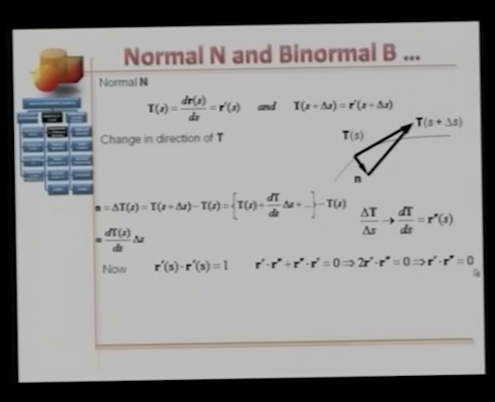What would this mean physically? This would mean that r double prime is a vector which is orthogonal to r prime. r prime is our unit tangent, t. In other words, r double prime will be orthogonal to the unit tangent, t.